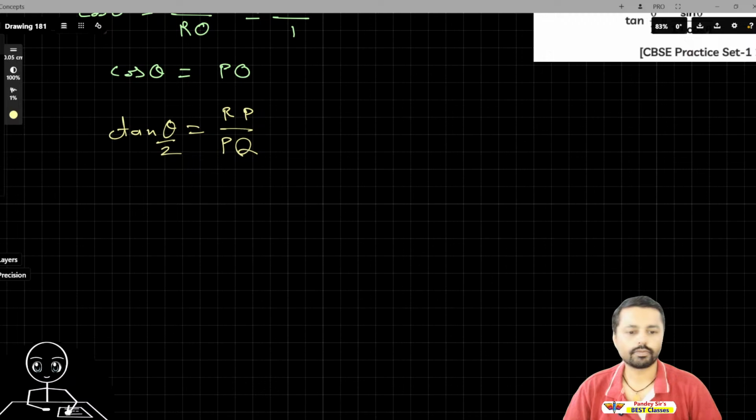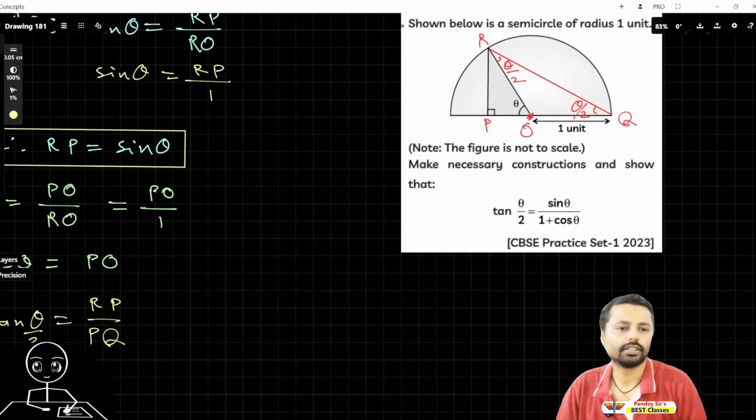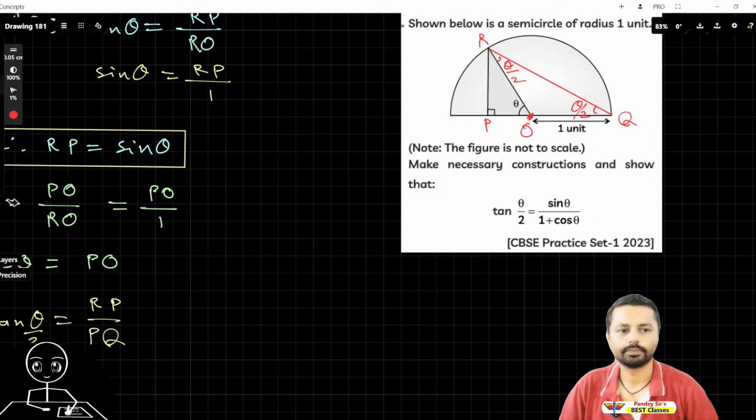So now what is PQ? Observe the PQ value here. PQ is PO plus OQ.